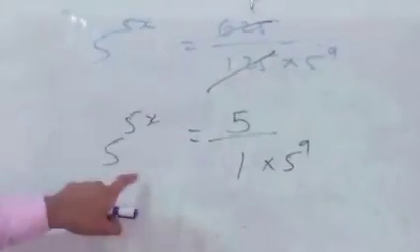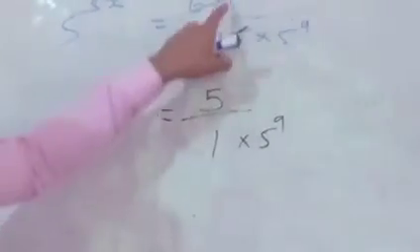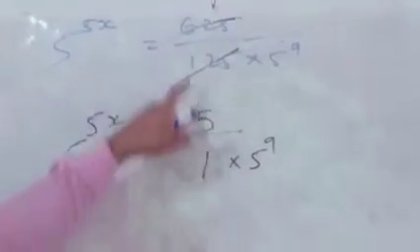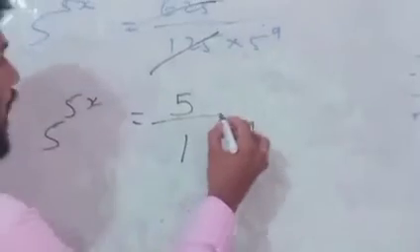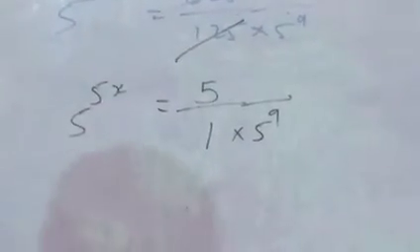So what will be left? 5 raised to the power 5x is equal to 5 divided by 1 into 5 raised to the power 9. Understood?